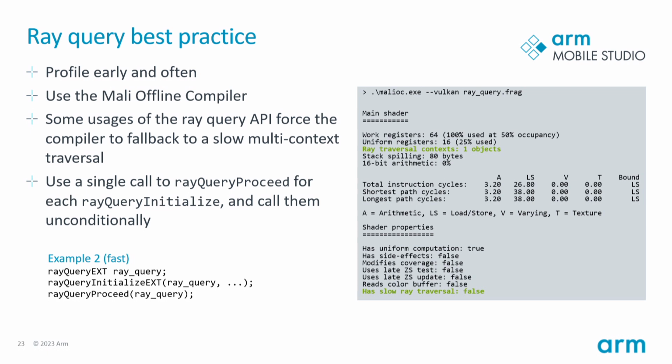As you can see, rather than inspecting the shader manually, the offline shader compiler can help us to detect this earlier and optimize accordingly. Of course, it's not always possible to avoid this usage, but for all the effects that we have demonstrated in this presentation, we can easily avoid the slow scenario.